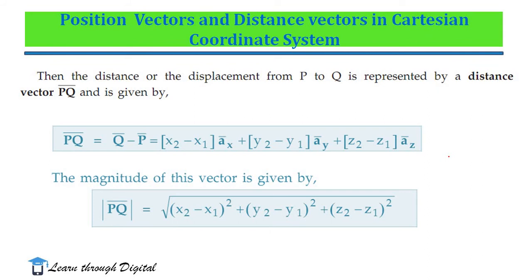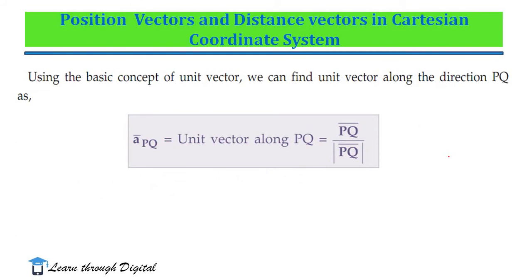The magnitude of the vector is given by modulus of PQ vector is equal to root of (x2 minus x1) the whole square plus (y2 minus y1) the whole square plus (z2 minus z1) the whole square. So now we are very clear about the position vector and distance vector. Using the basic concept of unit vector, we can find the unit vector along the direction of PQ.